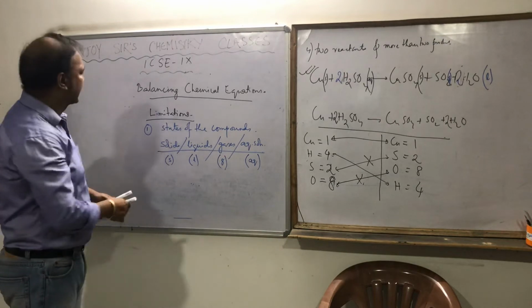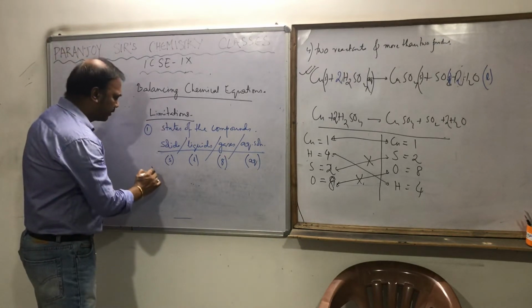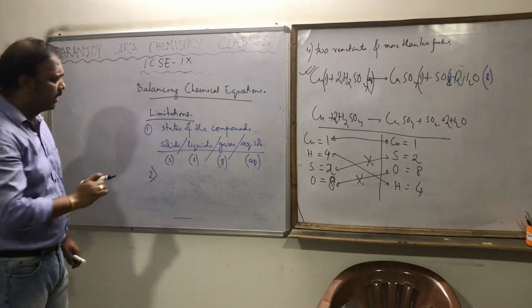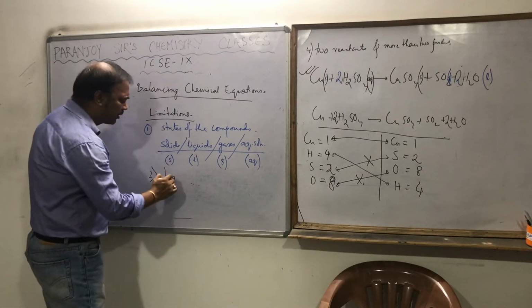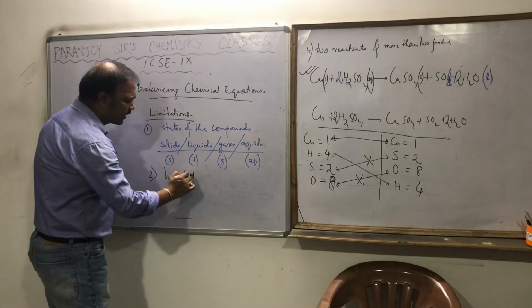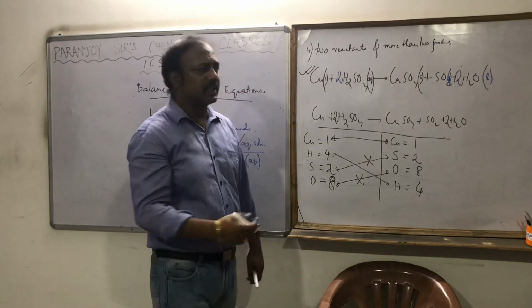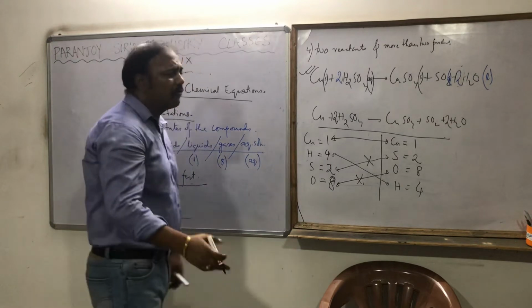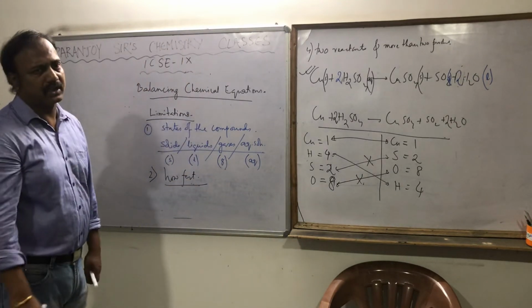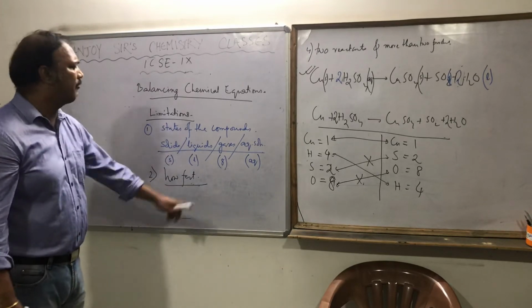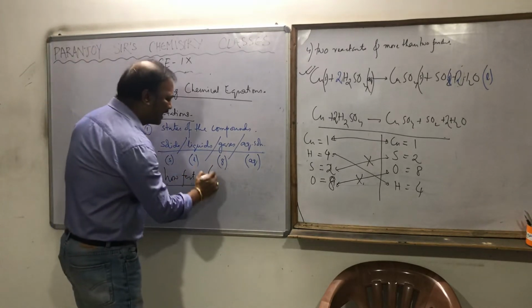Second thing, I'm just telling you the important points. We don't mention how fast the reaction is taking place. Is it taking place very fast? Is it taking place slowly? Nothing is told in the reaction. This how fast is called the kinetics of the reaction.